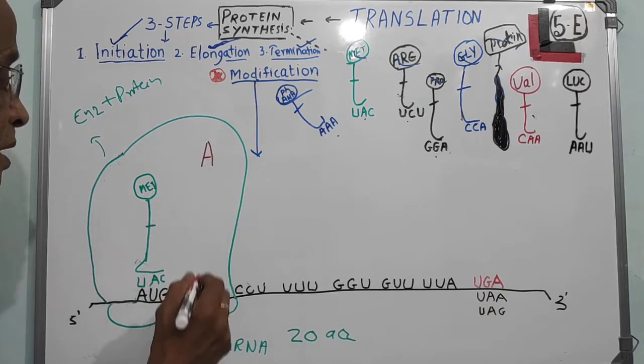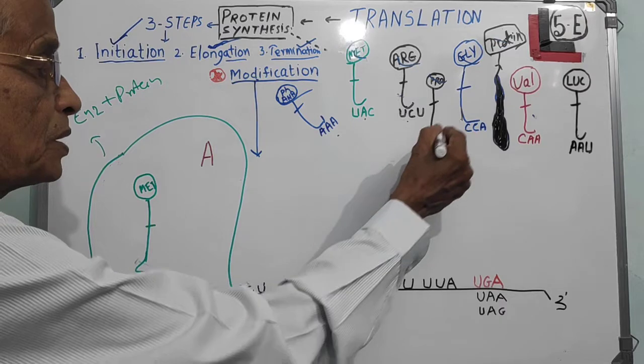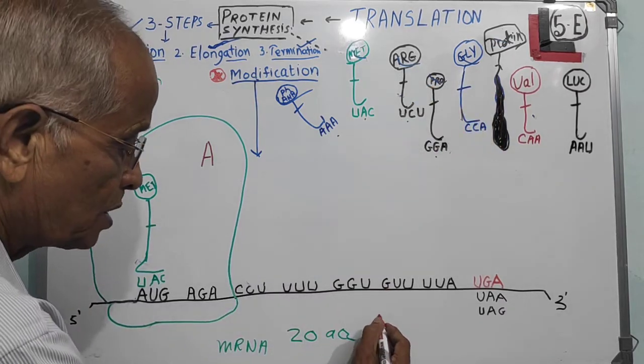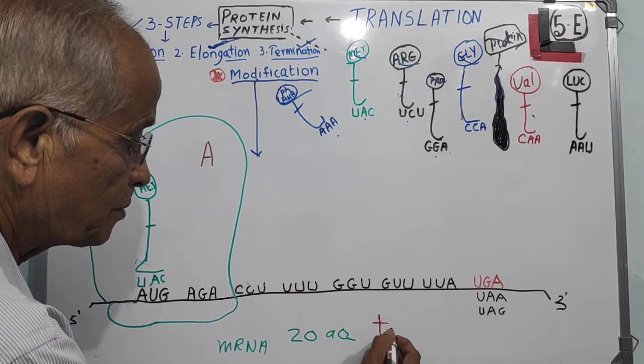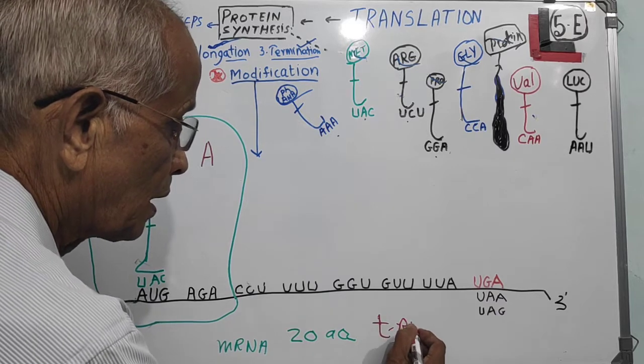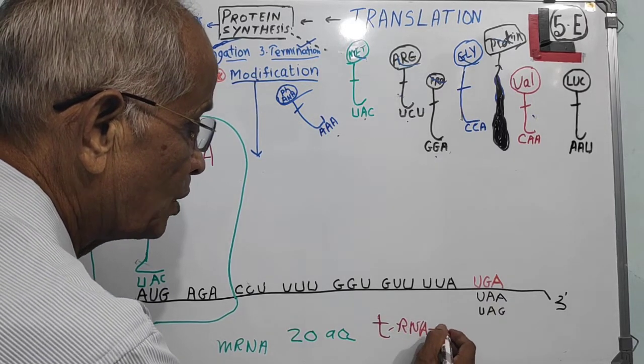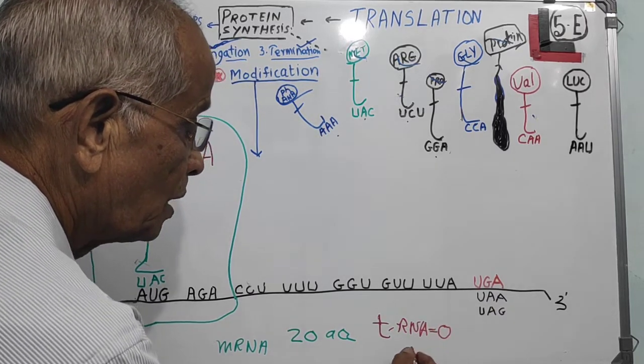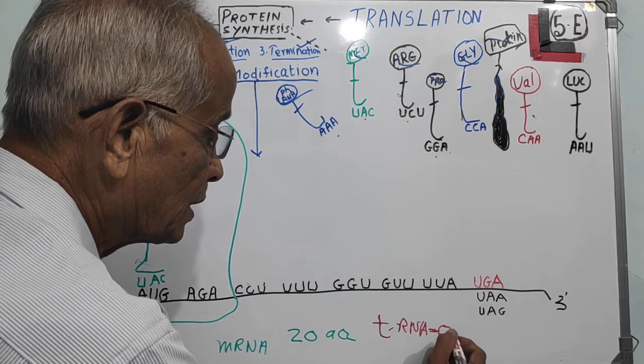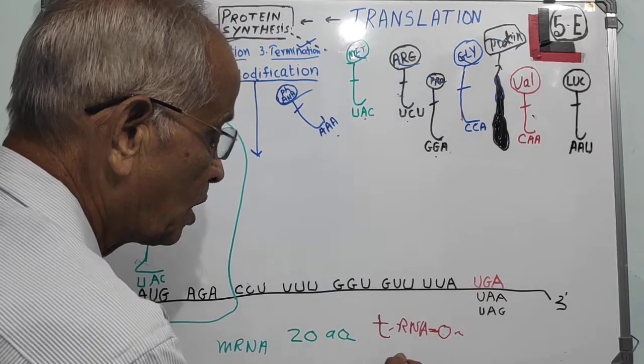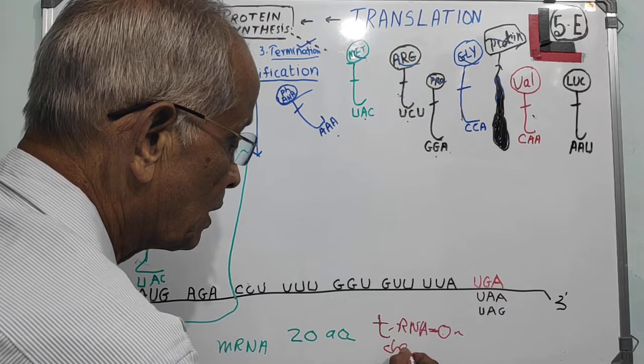That is the site where the new tRNA molecule, containing an amino acid residue with energy in it, is called a charged tRNA.